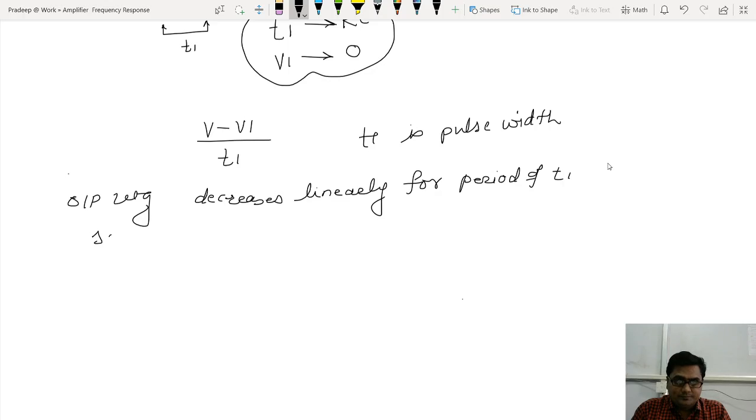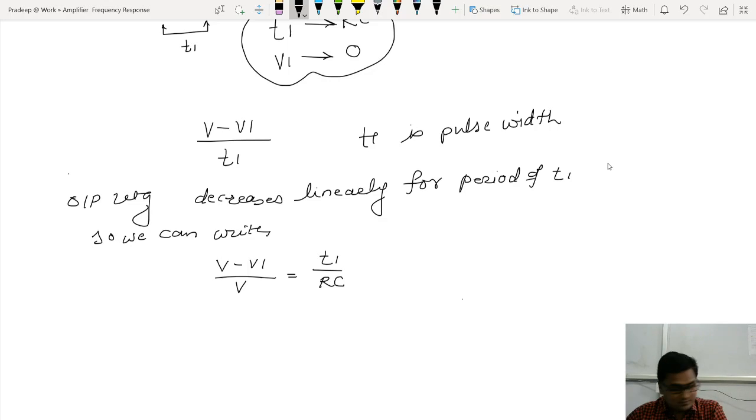So we can write, now see what I'm writing, V minus V1 divided by V is equal to T1 divided by RC. It is T1 divided by RC. Now let me check.